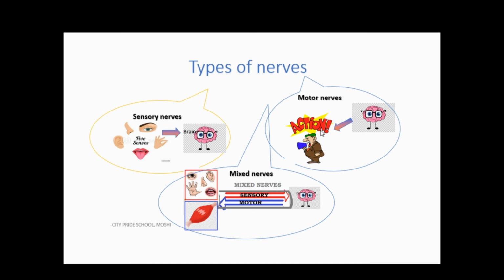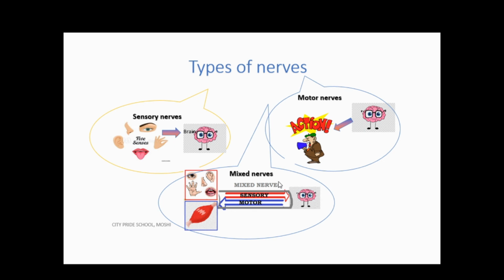The motor nerves carry messages from the specific parts of the brain which respond to sensory information to the voluntary muscles of our body. These nerves pass through the spinal cord and they are responsible for any physical activity that we do. The third type of nerves, called the mixed nerves, are also known as spinal nerves.